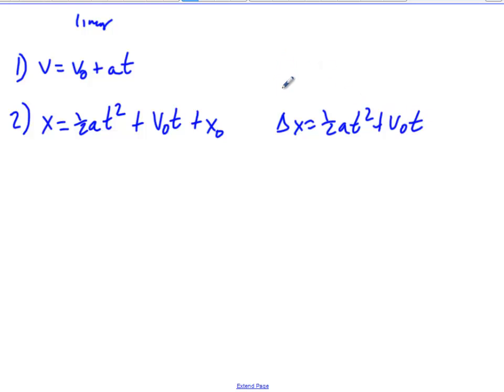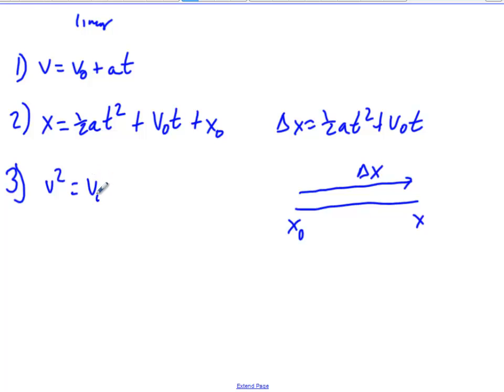And remember, that's just as this thing moves from one position to another. Here's x naught, here's x, then this is delta x. Right? And our third kinematic equation, if we take this, solve it for a, sub it into this equation, we get v squared equals v naught squared plus twice the acceleration times the change in position.